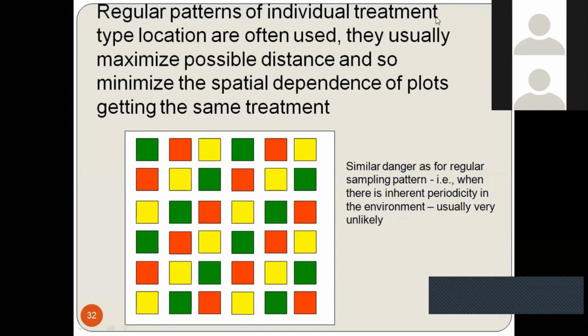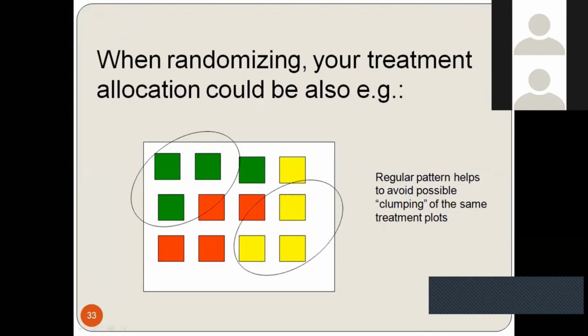There's some periodicity. Can somebody tell me what the problem is here? This area has only one treatment, only green color. This is not randomization. So this design is also not a good design, because the randomization has not been done according to the randomizing principle.